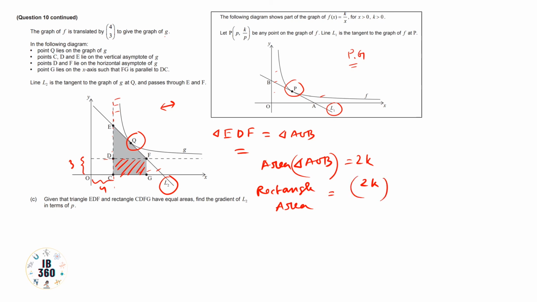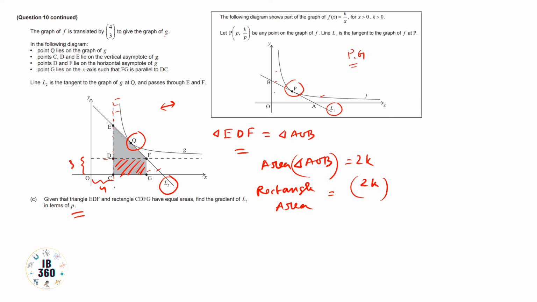Nothing is much in this math, but you have to keep some things in mind. Here it is asked in terms of p, so we will find out this area in terms of p first.